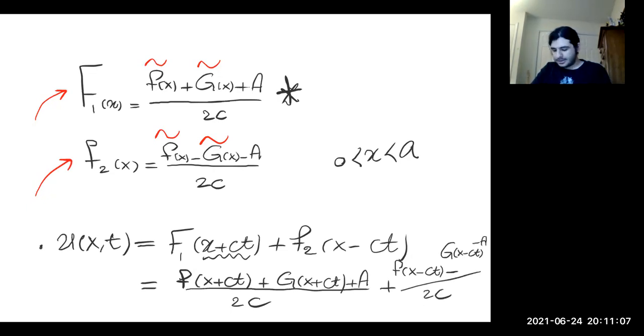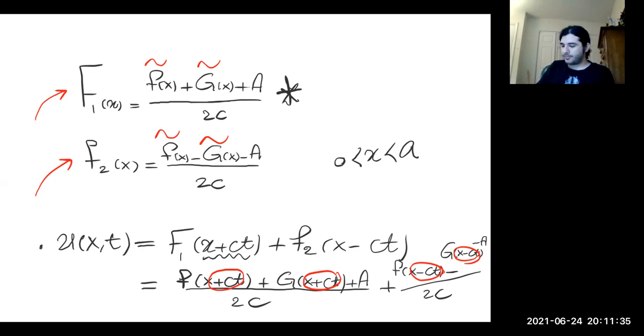Now, the point here is that this x plus ct and x minus ct might not be inside the domain of these functions f and g. So we should extend them to all of R, because t might be some very large number, right? So we should understand what type of extension we need. And this is not very hard to find out.